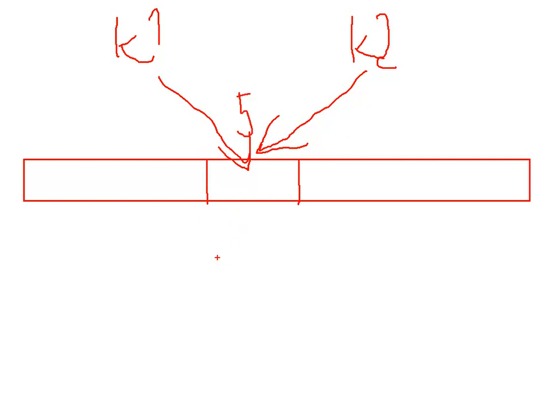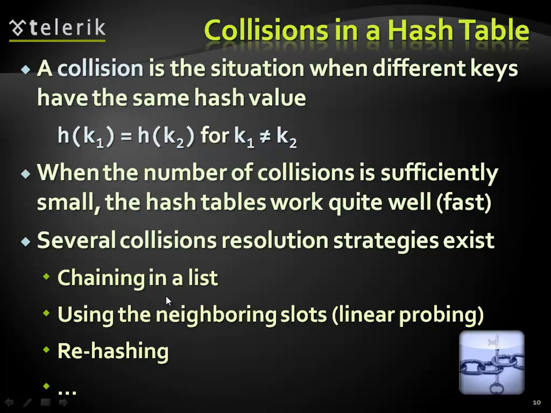Then we have one position and two key value pairs to put in there. Well, we'll see how we deal with that in a moment. So collision, that's what I showed you. Two keys with the same hashing function give the same position. That's a collision. That's what we don't want to happen, because when that happens, you have to work around it in some way.